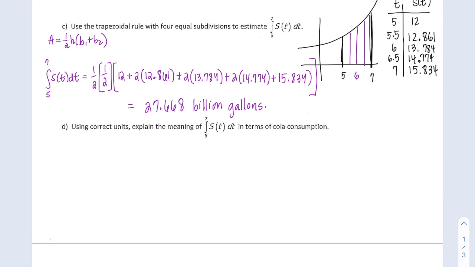So it's a pretty good approximation that we did using the trapezoidal rule. And then I'm going to go straight into letter D. Using correct units, explain what we just found in terms of cola consumption.